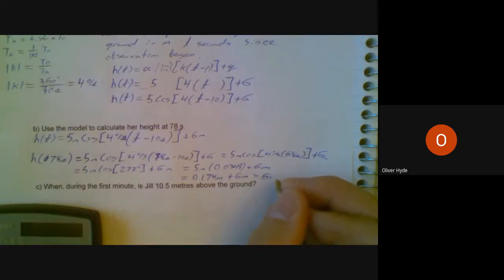When I take a unitless measure and I multiply it by something measured in meters, I'm going to discover a quantity measured in meters. 0.174-ish meters plus 6 meters. And meters plus meters gives me an answer in meters. I wasn't given a level of precision, so I don't know.